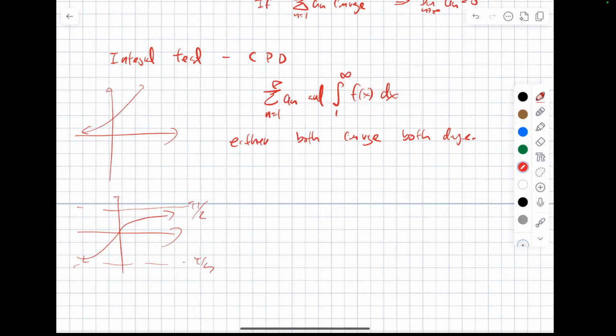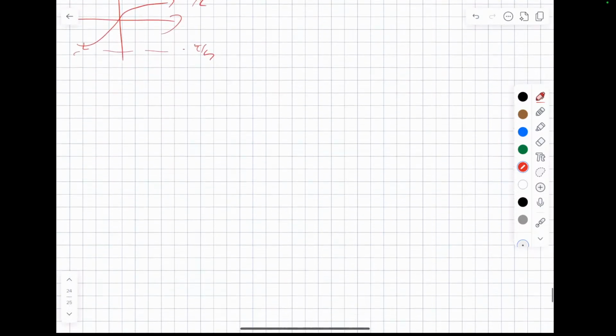Is that okay? P series, my favorite series: the sum from n equals 1 to infinity of 1 over n to the p. If p is greater than 1, does it diverge or converge? Converge, right? If p is less than 1, what is it?